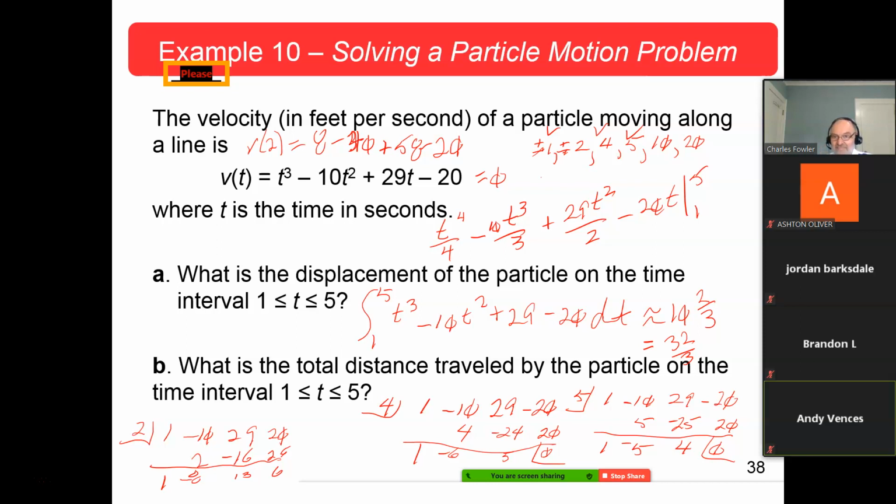I don't think we're going to have time to do it, but here's what our function would be.